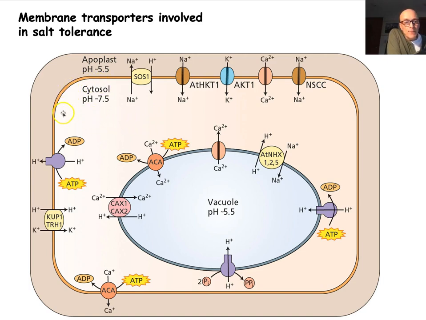We have a membrane here, and we have a cell wall here, and then we have the vacuole here, and we have the vacuolar membrane. And then notice that the pH inside the vacuole is 5.5, and that the pH in the cytosol is 7.5. So what's the difference between those two values?